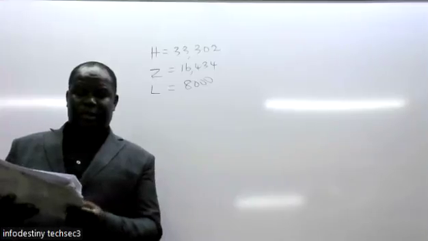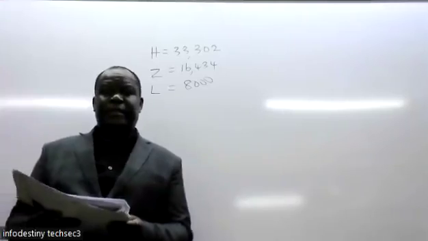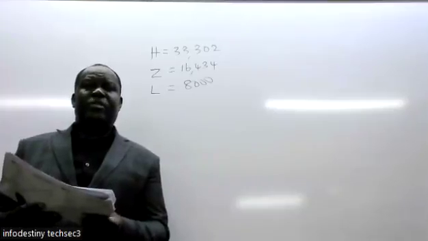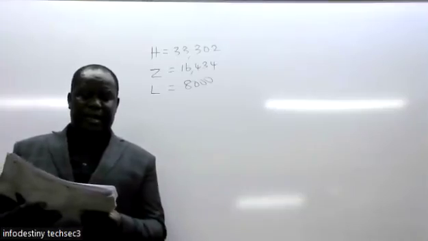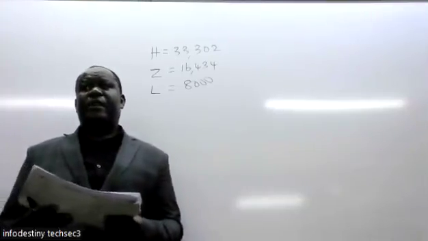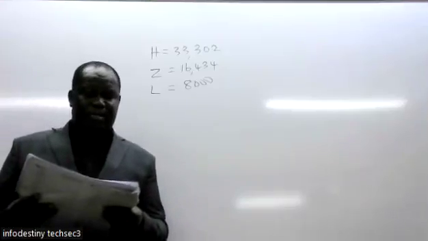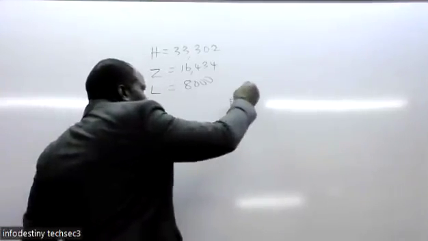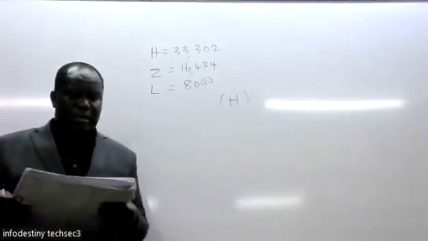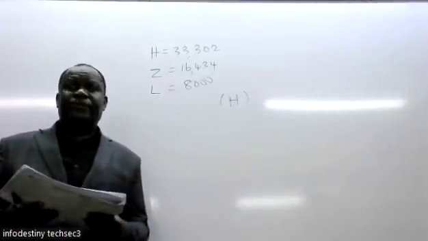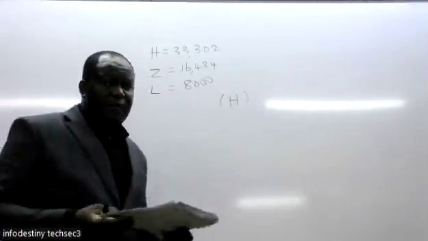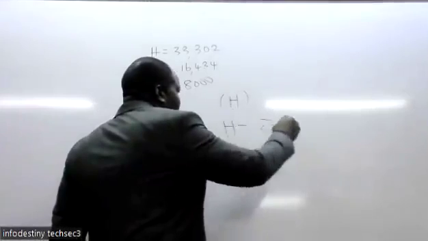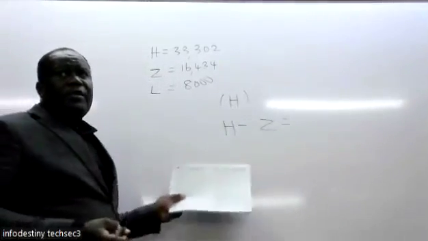We start with A. Let us write decision A: when cash balances increase up to the upper limit, in brackets H, then the company should invest shillings H minus Z.